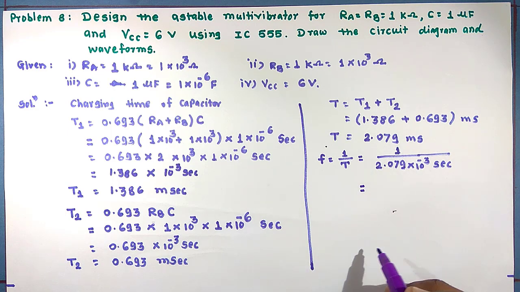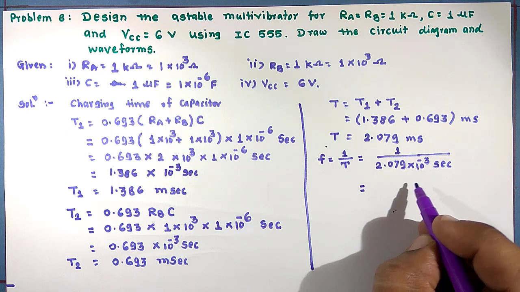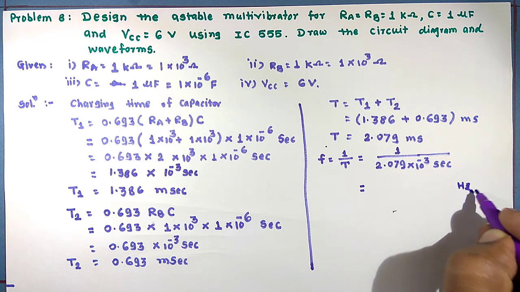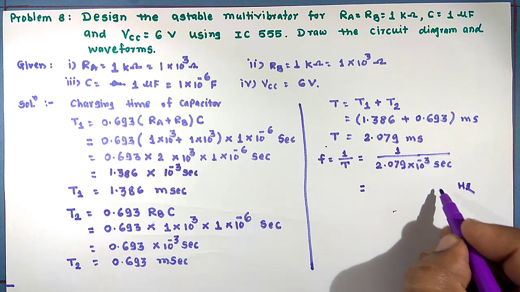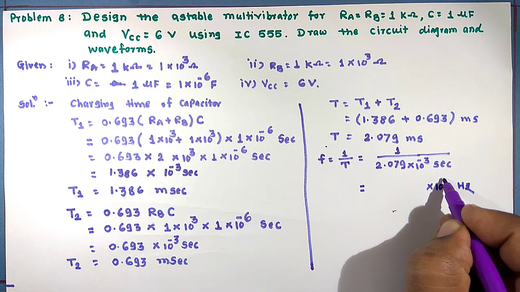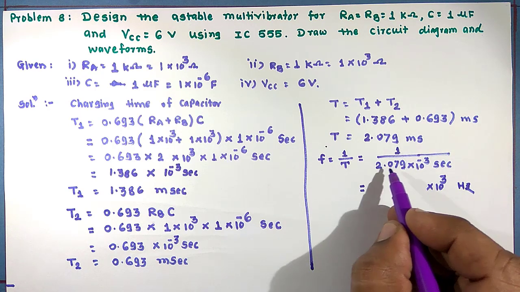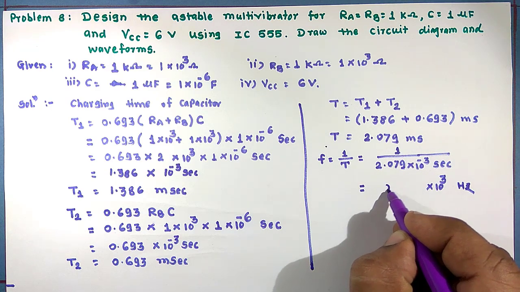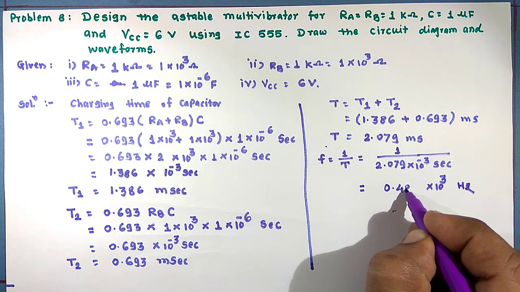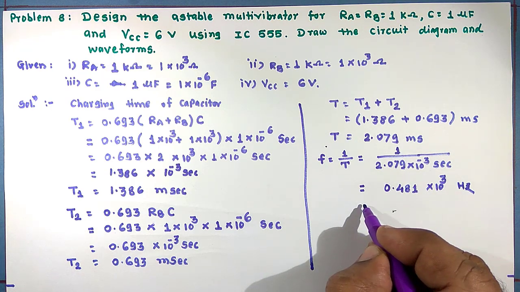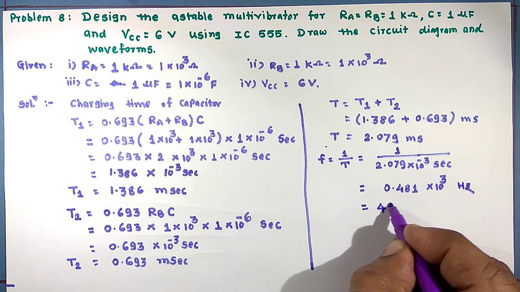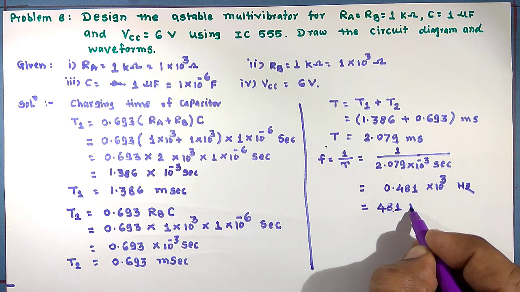Hence, this will be equal to, this is 1 upon second, so 1 upon second is hertz. This is 1 upon 10 raised to minus 3, so this is 10 raised to plus 3, and 1 upon 2.079 is 0.481. Hence frequency is equal to 481 hertz.